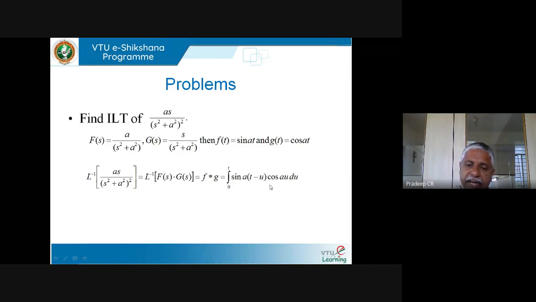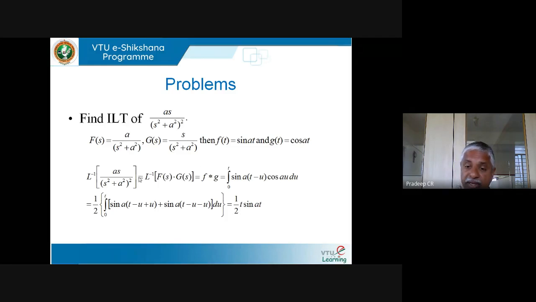So I carry out this integration, and this integration is not difficult because you know some formulas, right? Sine a into cos b is nothing but half of sine. I told you these formulas are very important for your course: how to integrate sine into cos, sine into sine, cos into cos, all these things I have told you. You should remember this formula.